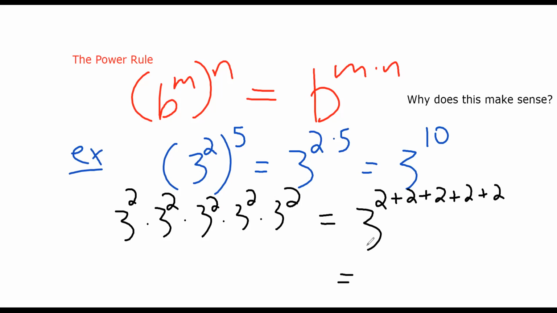Well, wait a minute, when you add 2 to itself 5 times, that's just saying you're multiplying it by 5. So we'll let that one sink in a little bit.